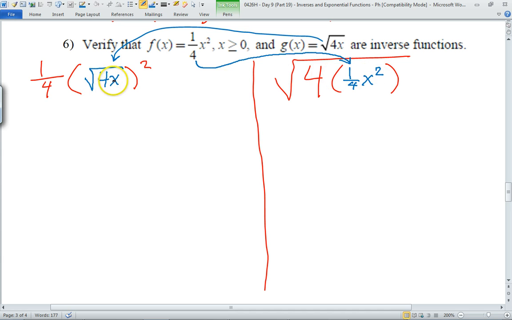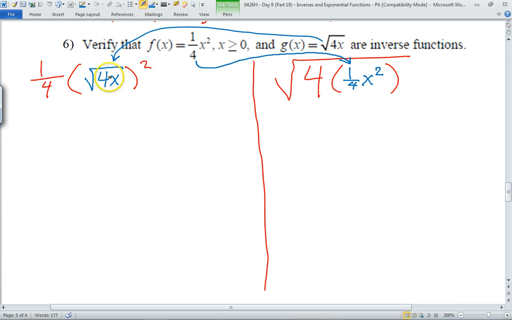So you've had lots of time to think. If these are truly inverses, what should be the result of all of this? In both cases, everything should cancel out and I should be left with x. But it's important that I don't just throw an x down and cross out a bunch of stuff. I need to show it one step at a time. Following the order of operations.